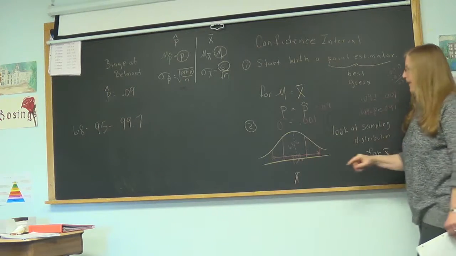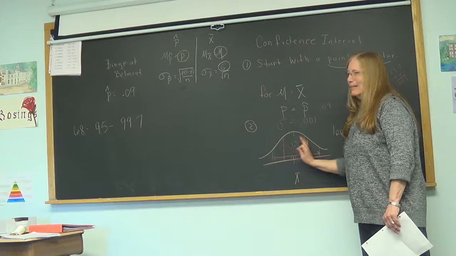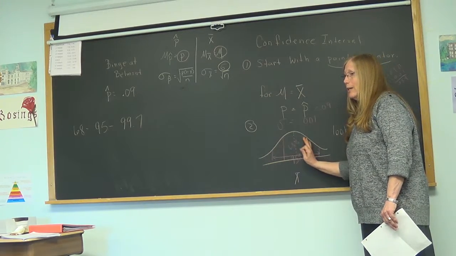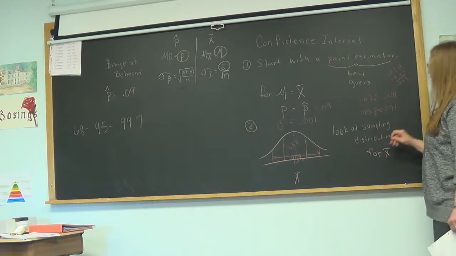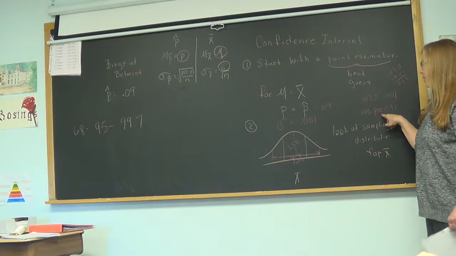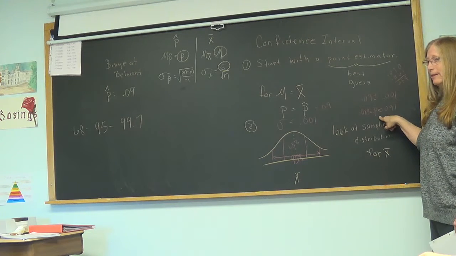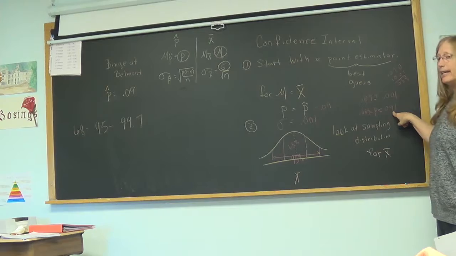And that would give us how much confidence in our answer? 68%. So we would be 68% confident that the true proportion for this binge drinking is in that interval.